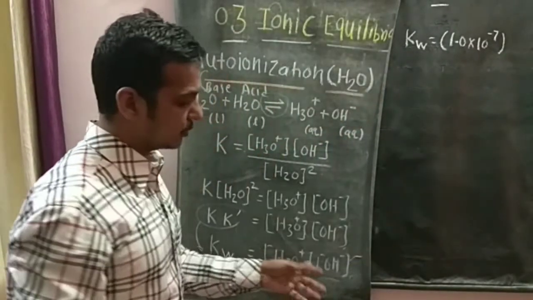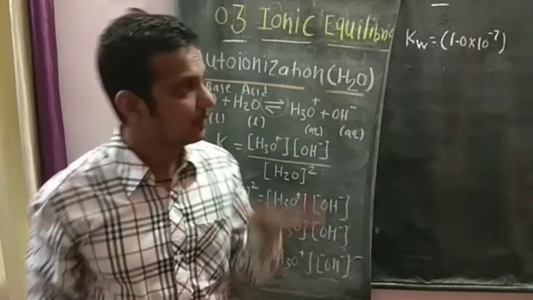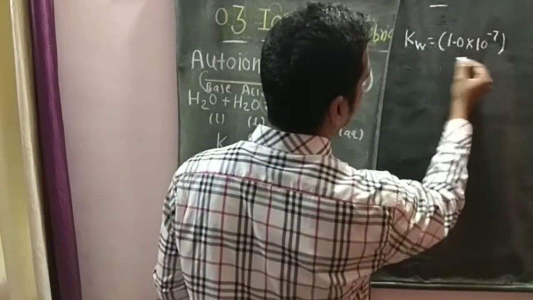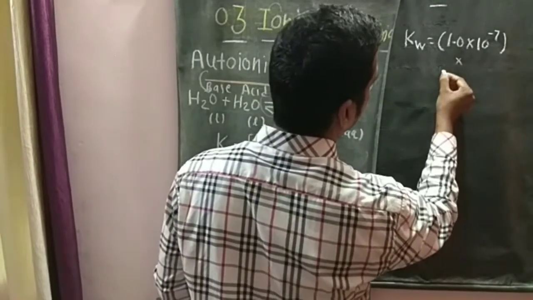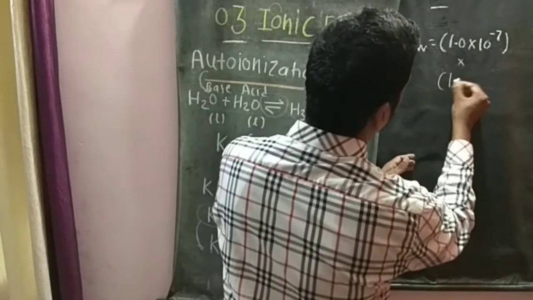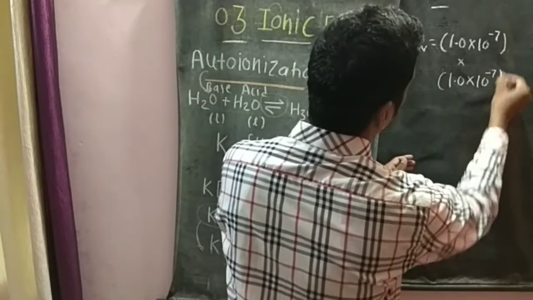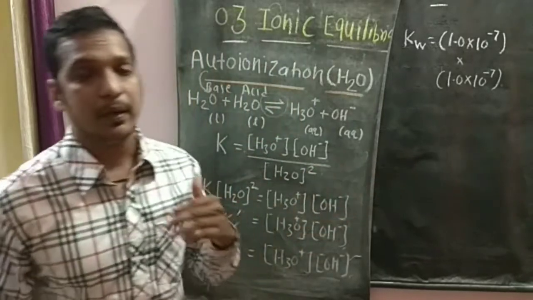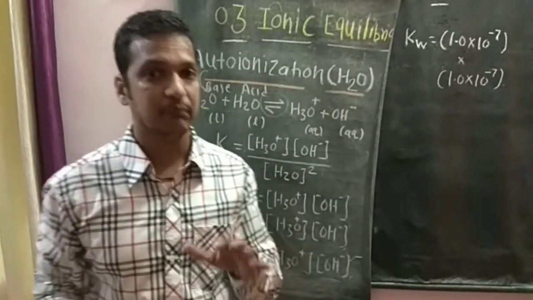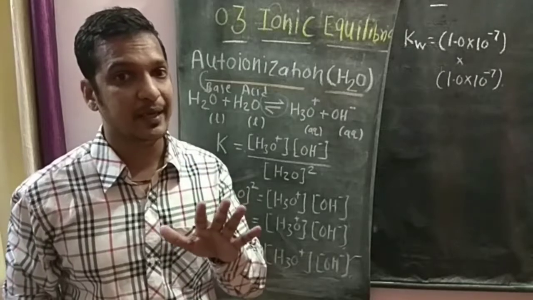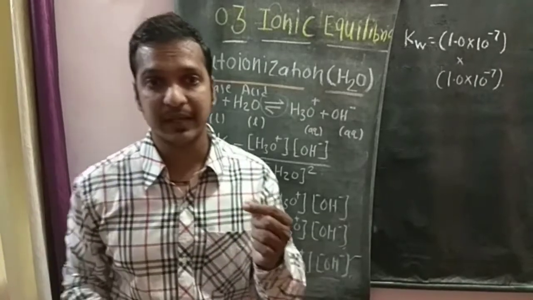Mole per liter or mole per dm cube means capital M, at 298 Kelvin, which means 25 degrees Celsius.